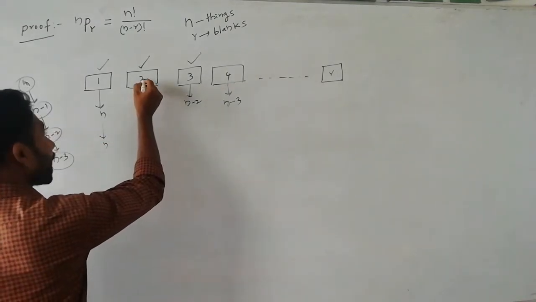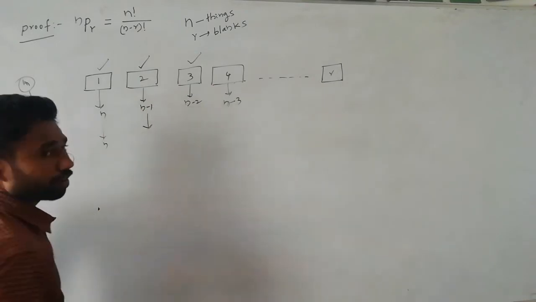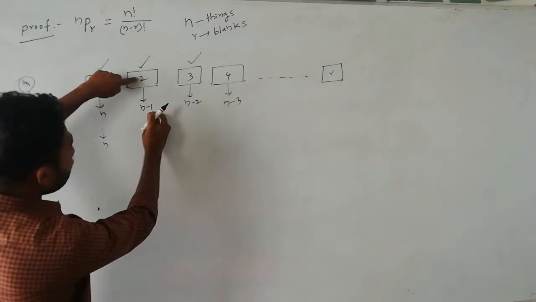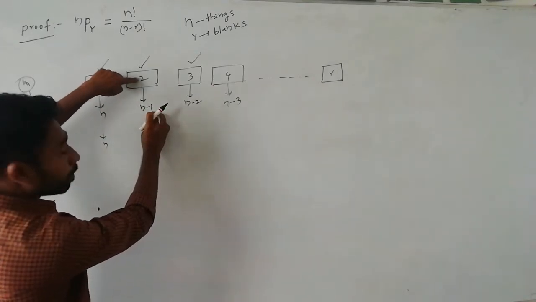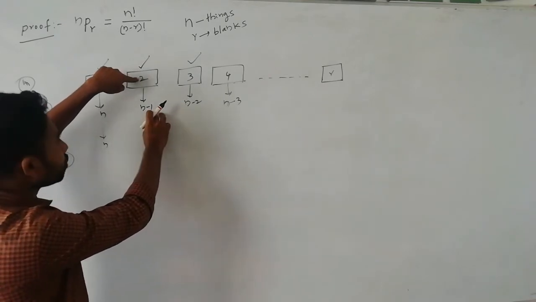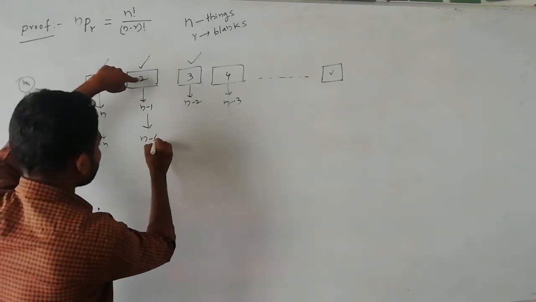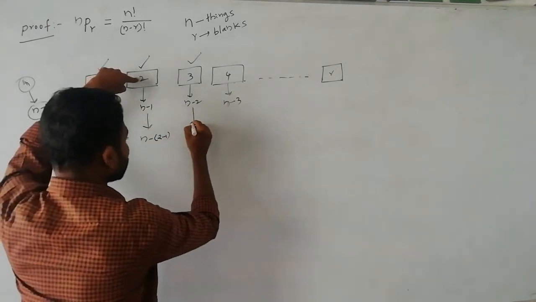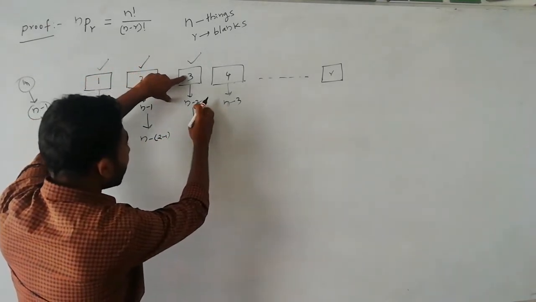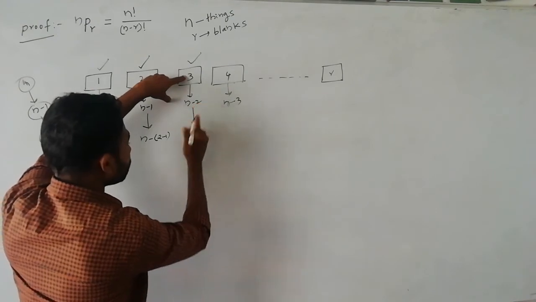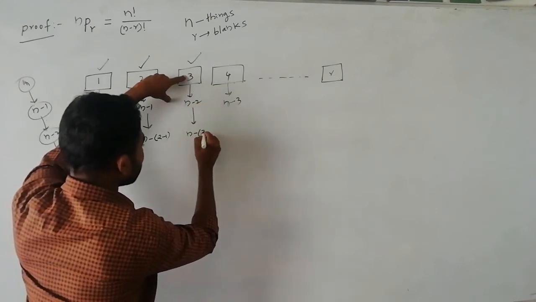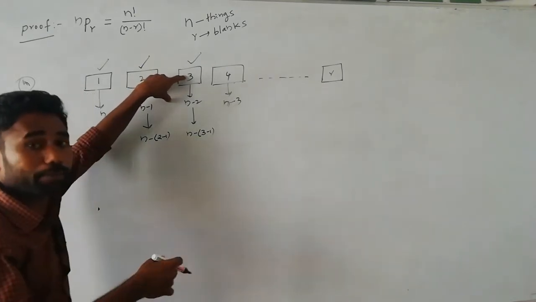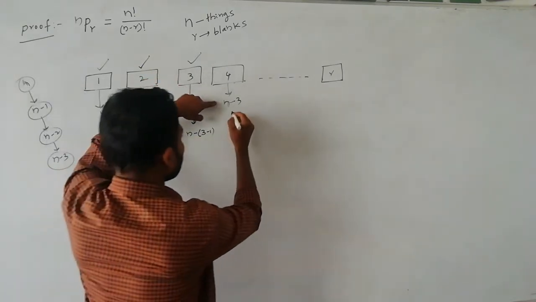So using the blank number we can decide this number. For blank number 2, we can write 2 minus 1. Next, the blank number is 3, so we write n minus (3 minus 1). Blank number minus 1.